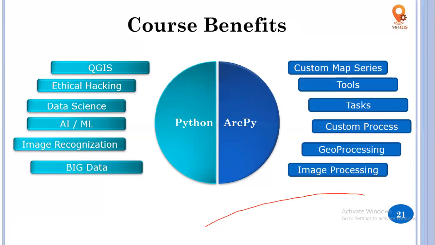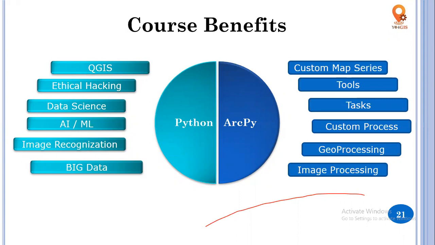Where can we use Python? We can use Python in QGIS customization. We can use Python in ethical hacking. We can use Python in data science. We can use Python in AI and ML. We can use Python in image recognition and big data.